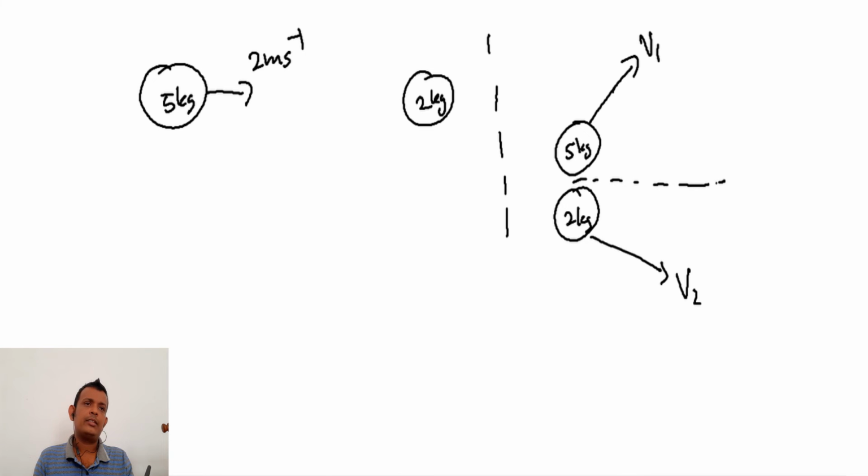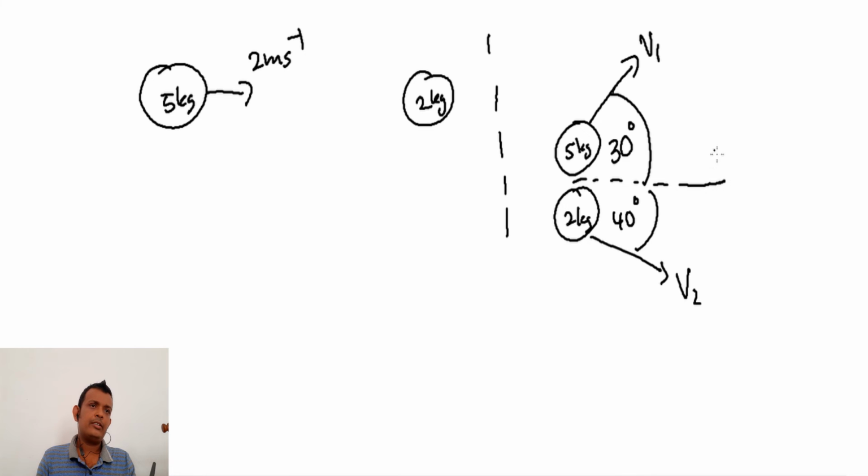Let's say one makes a 30 degree angle and the other makes a 40 degree angle. I need to calculate v1 and v2. So how do I do it? I will divide these into components.